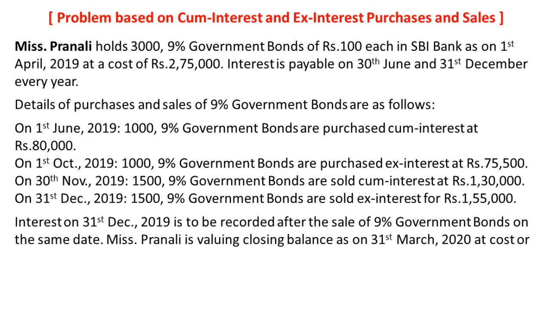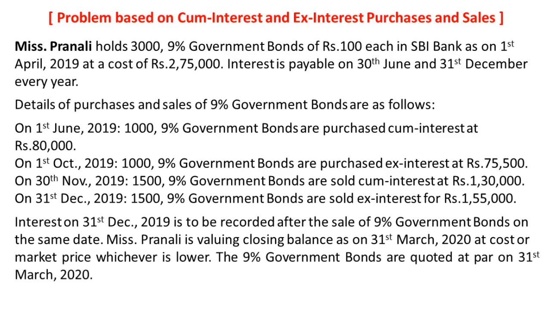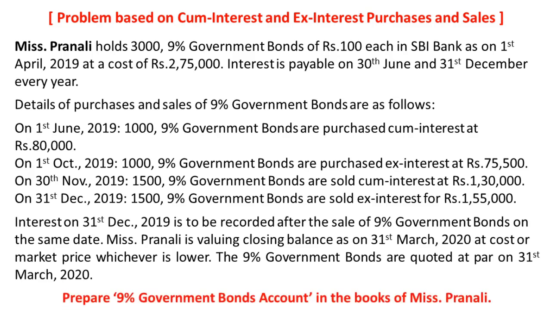Ms. Pranali is valuing closing stock as on 31st March 2020 at cost or market price, whichever is lower. The 9% government bonds are quoted at par on 31st March 2020, and we are asked to prepare the 9% government bonds account in the books of Ms. Pranali.